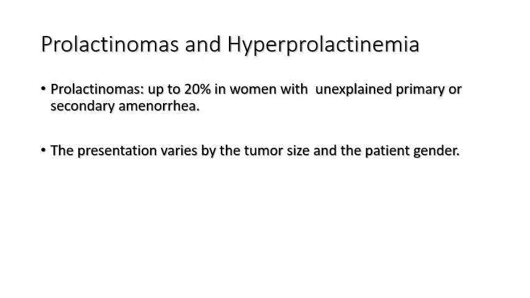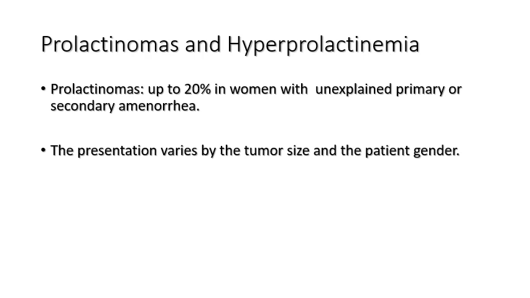Also, the variability in the presentation varies according to the tumor size, due to the fact that the level of prolactin hormone secreted from the adenoma is strongly correlated with the size of the pituitary adenoma. With increasing size, there will be a higher level of prolactin.